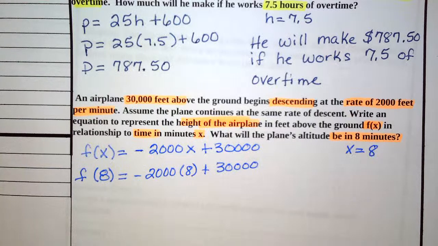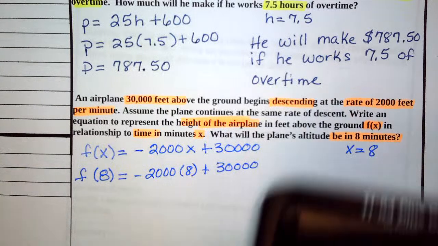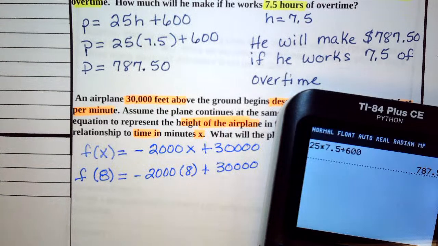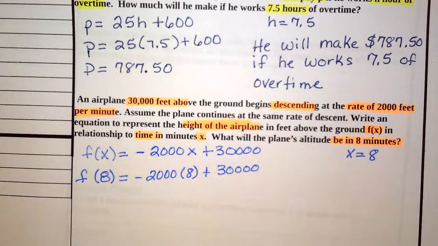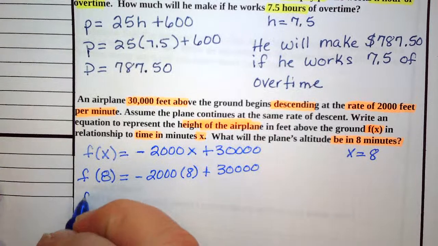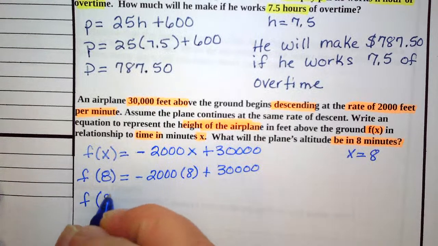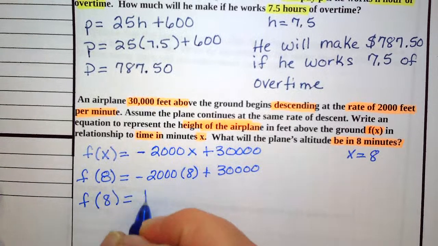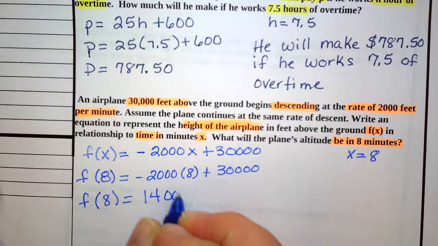Once again, we're at an age now where we'll use the calculator. Negative 2,000 times 8 plus 30,000, and I get 14,000. So when I take my function and I plug in 8 for my x, my answer is 14,000.